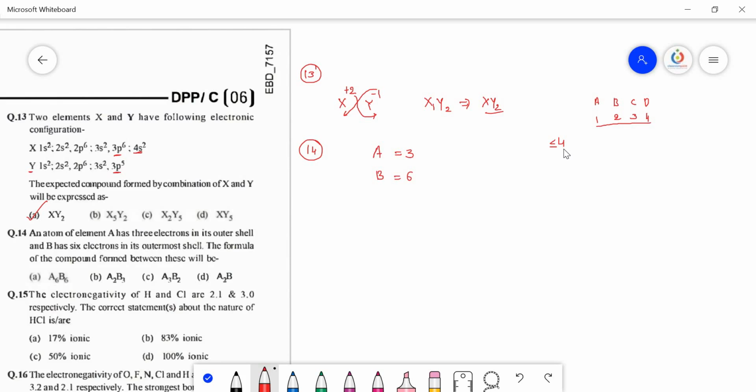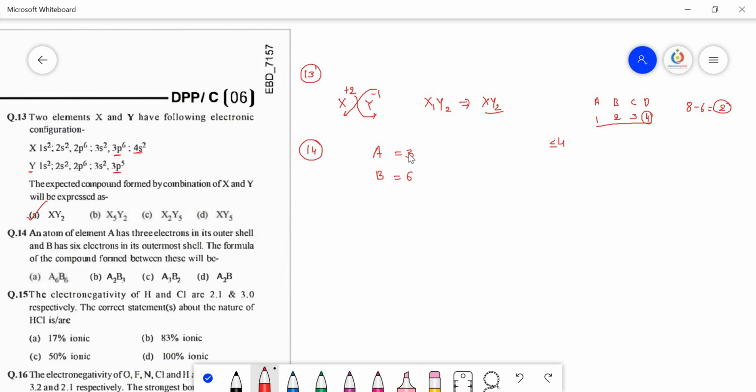For any element, the number of bonds formed by that element is equal to its valency, up to 4. And if any element's valence is more than 4, in such cases you have to subtract the given value from 8. So here B is able to form 8 minus 6 equals 2 bonds.